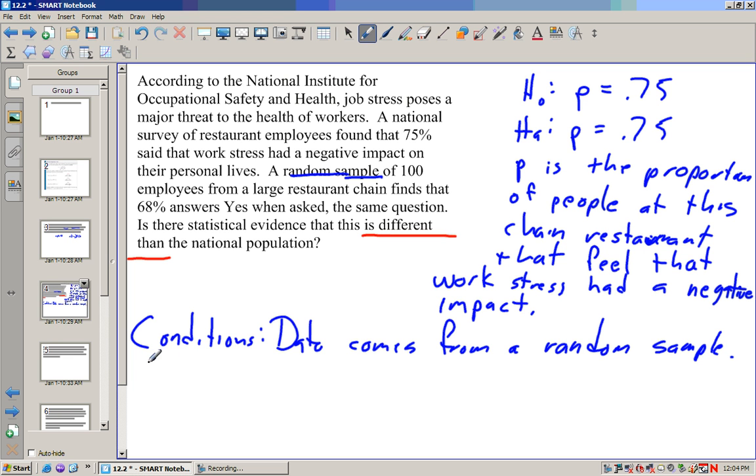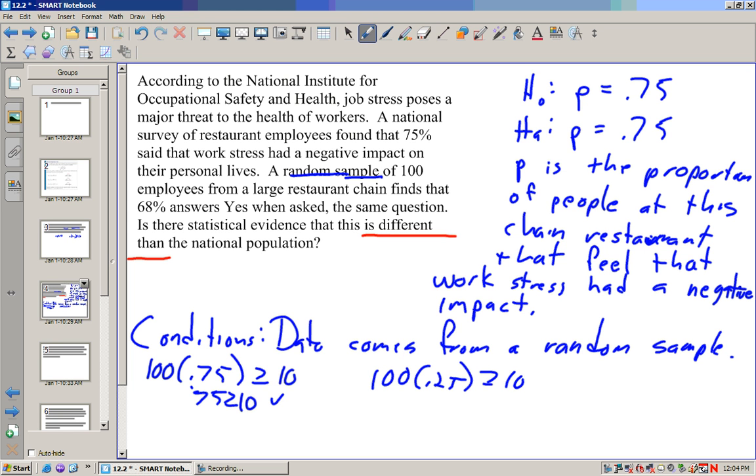Now we want to check normality, and since we always go off the null piece, 100 times 0.75, is that greater than 10? Well, 75 is greater than 10, so that works. 100 times 0.25, which is 1 minus 0.75, well, that equals 25. That's greater than 10.